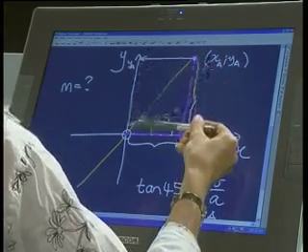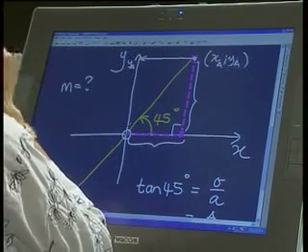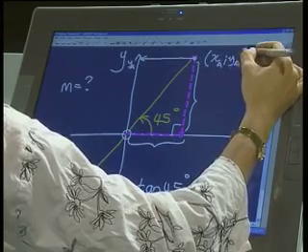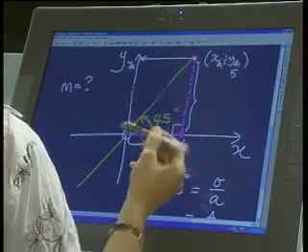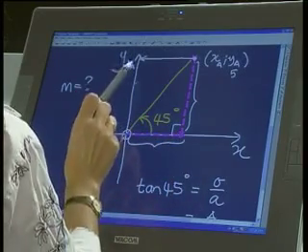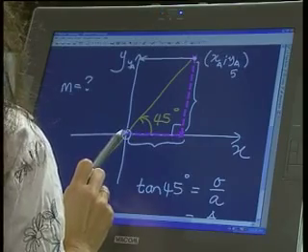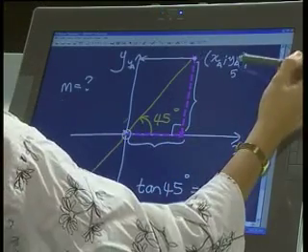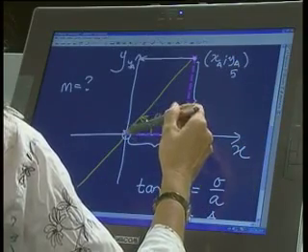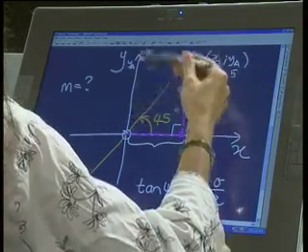If this y value was 5, how much is it from the origin to this point? You start counting from the origin, so I go from the origin all the way to 5. This would be 5 units.